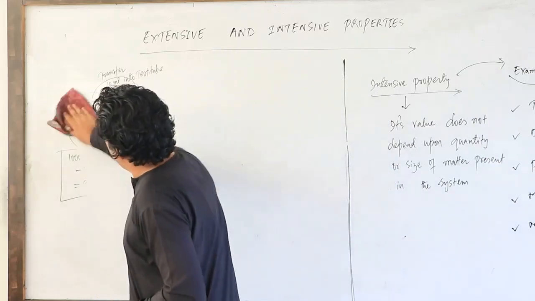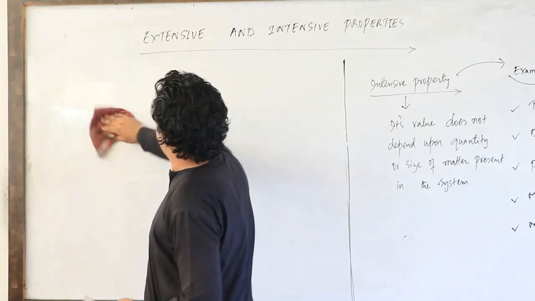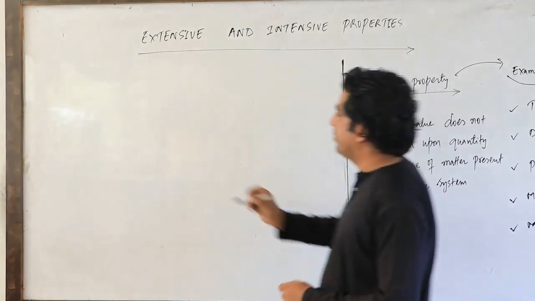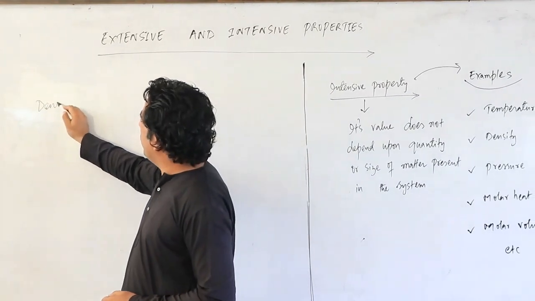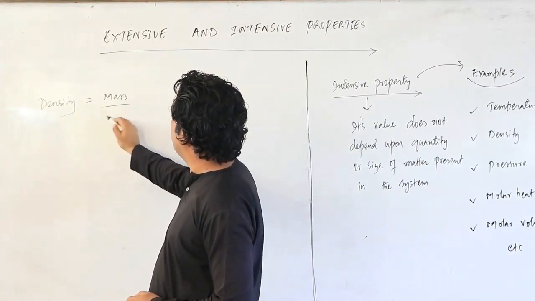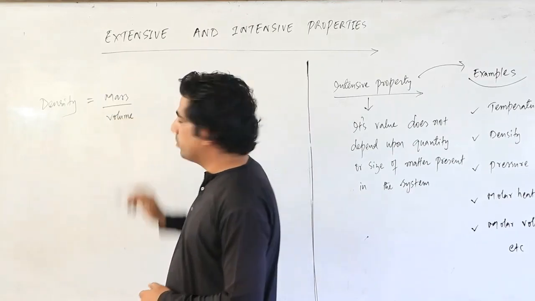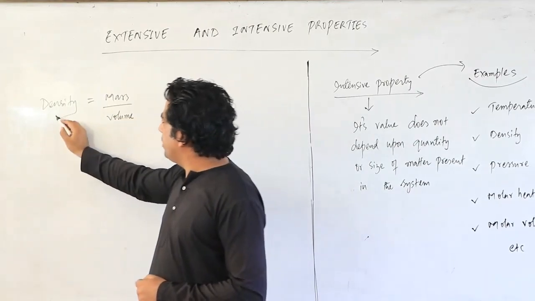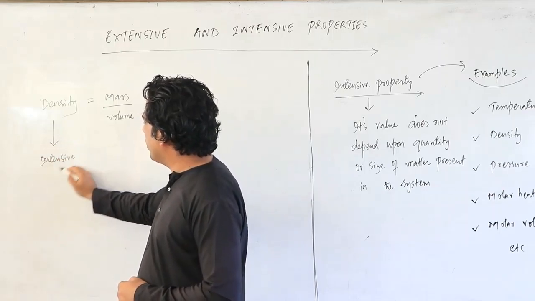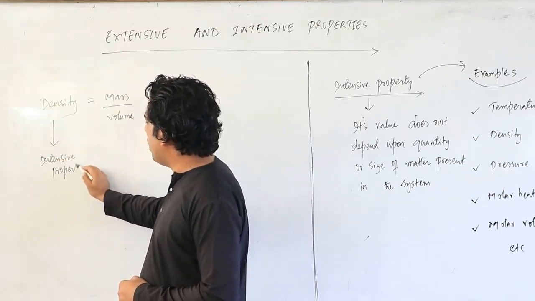So let's go further and talk about one more factor here: density. If you look here, density is equal to mass upon volume. And we know that density is an intensive property, my dear friends. I will tell you how.